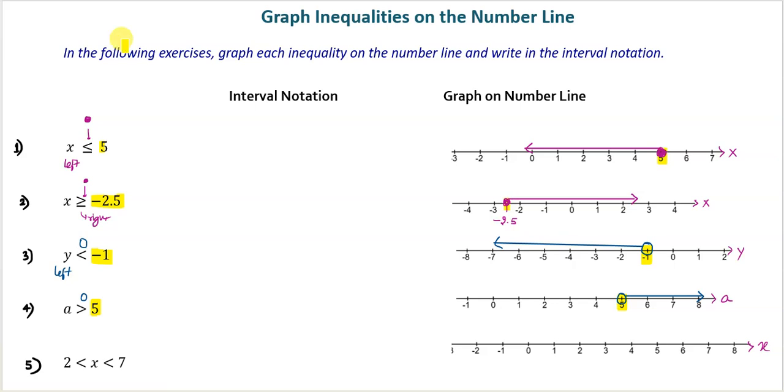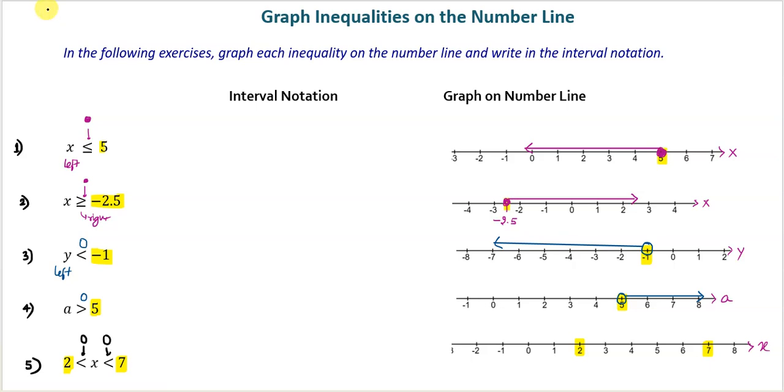Now, look at here. You see two numbers, 2 and 7. This says that the value of x lies between 2 and 7. So, in this case, locate both the points and do it the same way as we did before. Here, there is no equal, so it means hollow in both the positions.